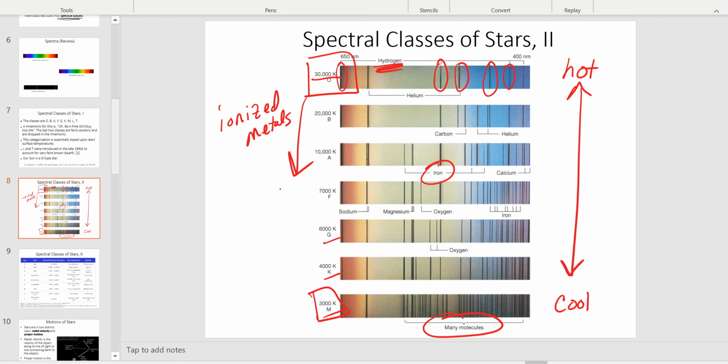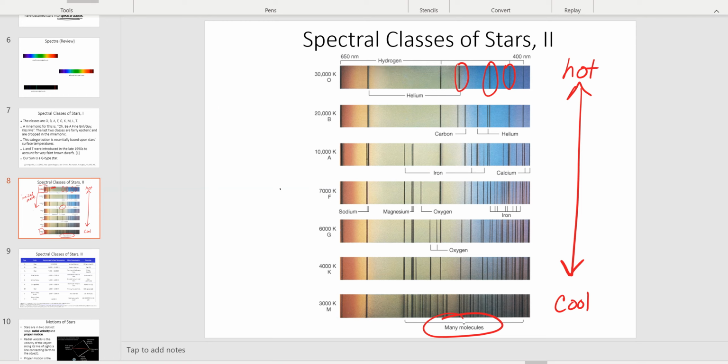Molecules are very easy to break up. Relatively speaking, well, you know this if you burn yourself, right? That's basically what a burn is. You're made of molecules, and if you touch a hot pizza plate, you'll burn yourself. So molecules are easy to actually destroy via heat. So you only see molecules, therefore, in the very coolest stars.